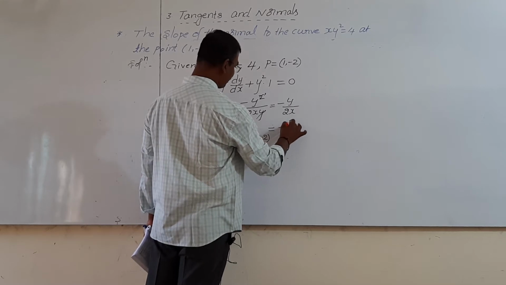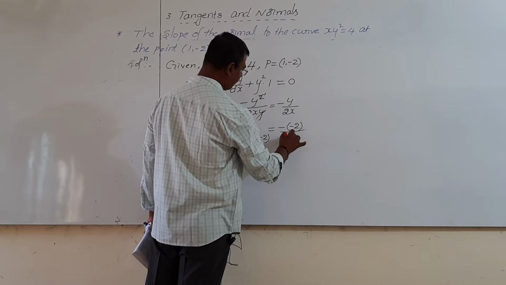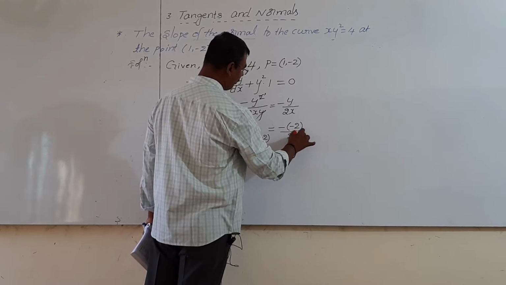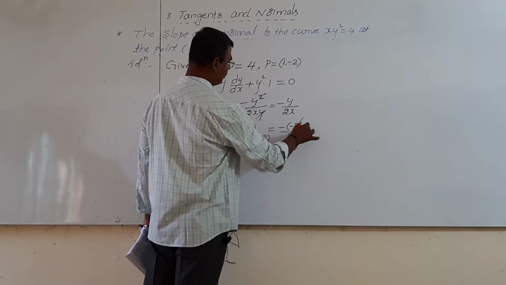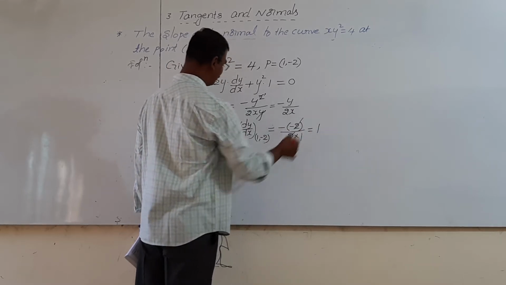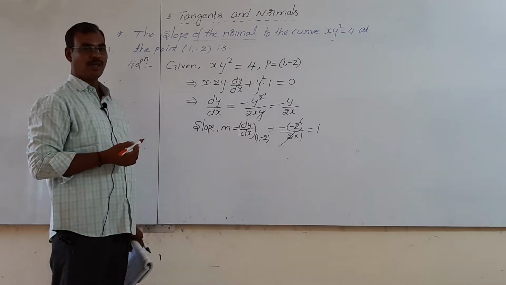That is minus of minus 2 divided by 2 into 1. So here 2 gets cancelled, minus into minus is plus 1. So the slope of the tangent line is equal to 1.